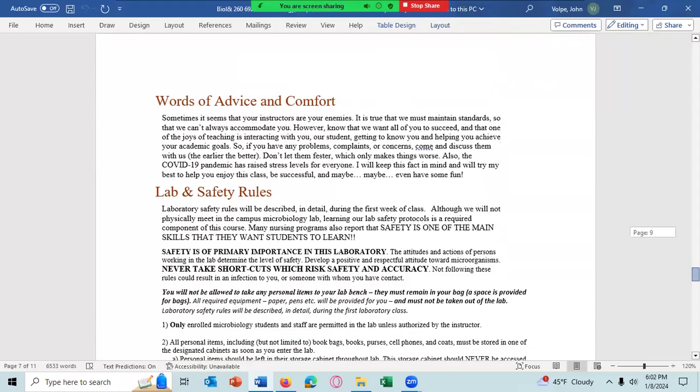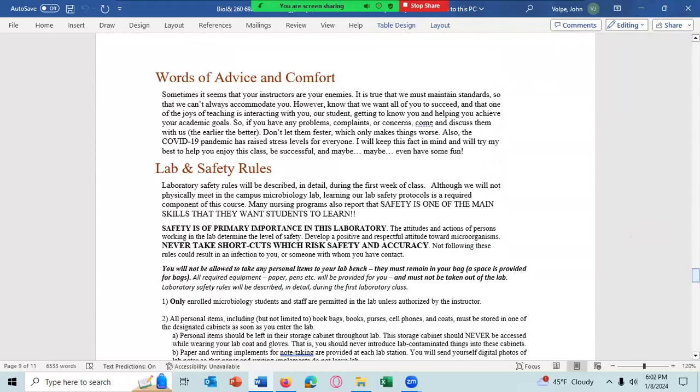Words of advice and comfort. Sometimes it seems like your instructors are your enemies. It is true that we instructors must maintain standards so that we cannot always accommodate you. However, know that we want all of you to succeed and that one of the joys of teaching is interacting with our students, getting to know you, helping you achieve your academic goals.